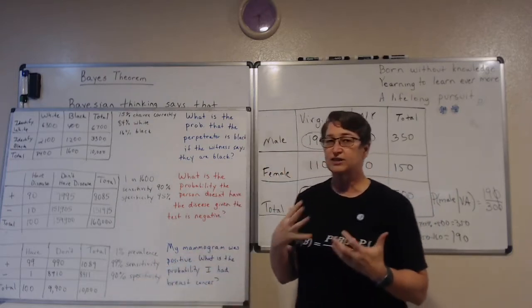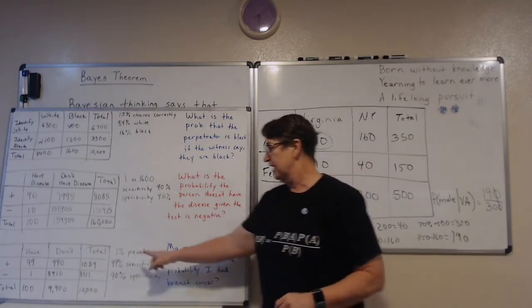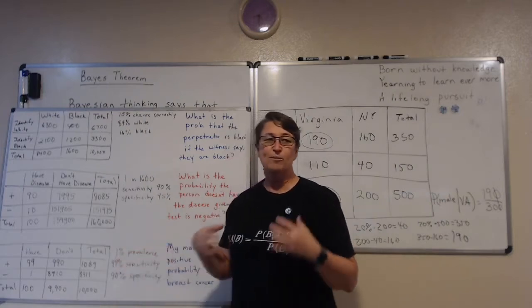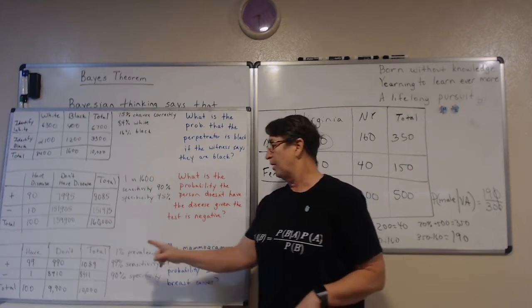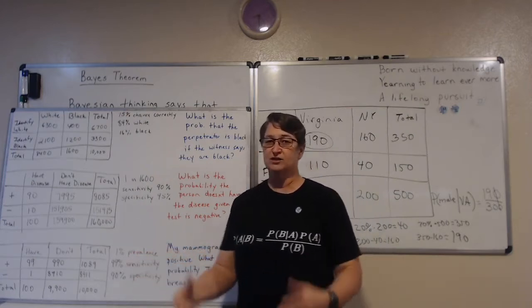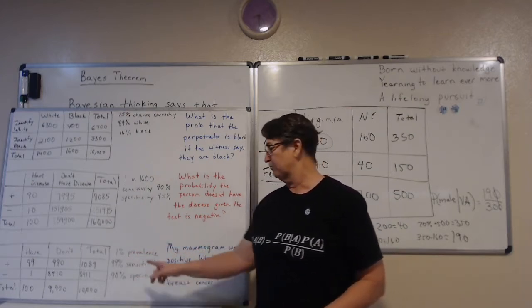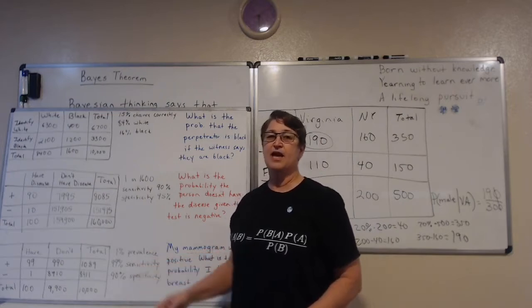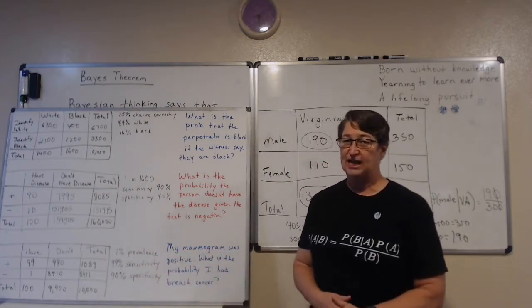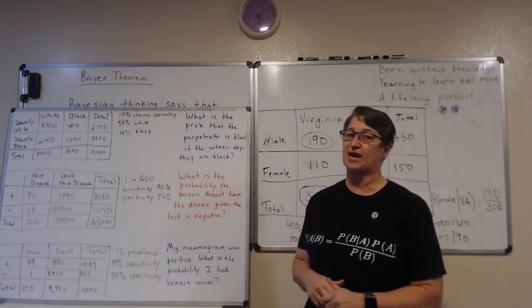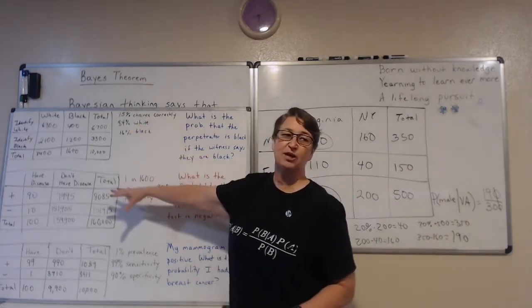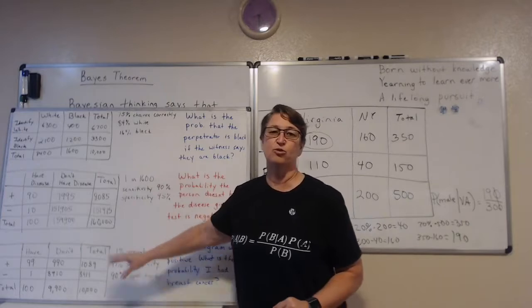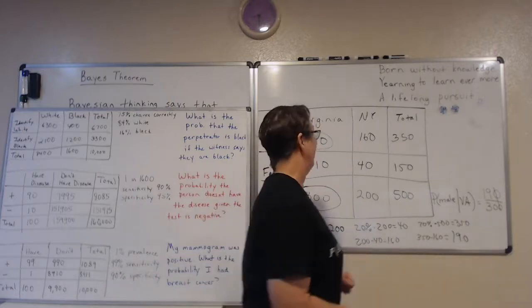So when I walked into the doctor's office, for women my age, it was a 1% probability that I had breast cancer. And we're going to see how that changes after I get back a positive test. But we'll do that one last. We're going to move back up here and talk about these two first, and then we'll talk about the mammogram.